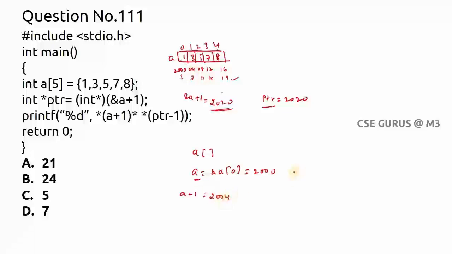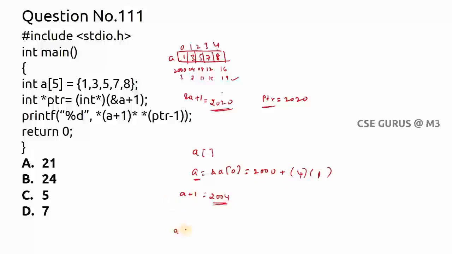We find that address as the base address 2000 plus the number of bytes of the data type times the index. Here a + 1 means the next index is 1, and each integer value takes 4 bytes. So 2000 + 4 * 1 = 2004 will be a + 1.